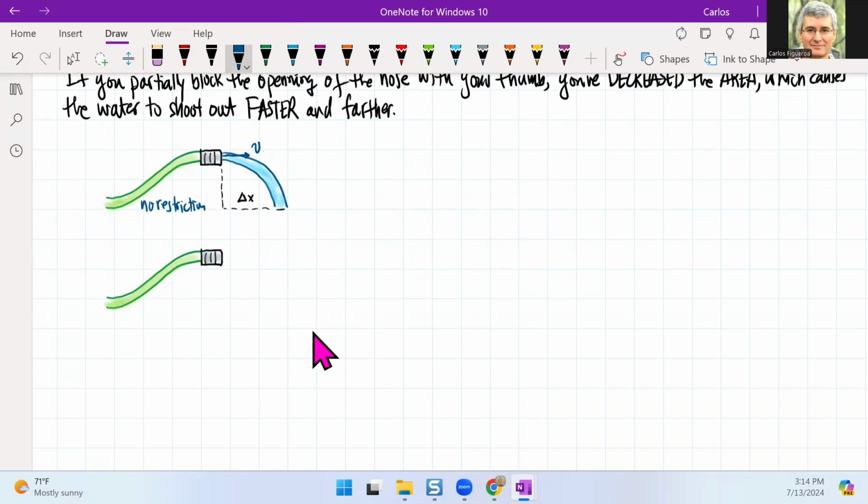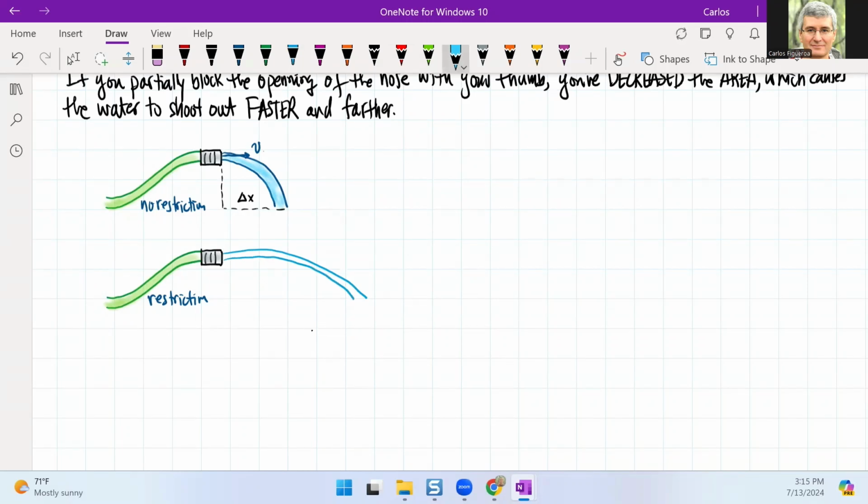On the other hand, if you now put your thumb over, so there is restriction now, you've got partial blockage. And as a consequence, what's going to happen? The water shoots out farther.